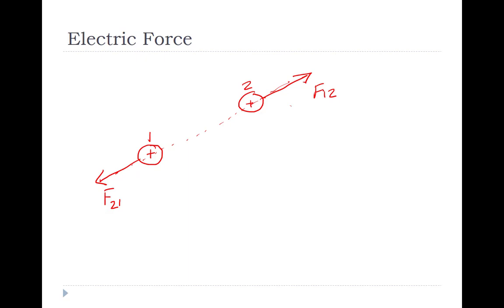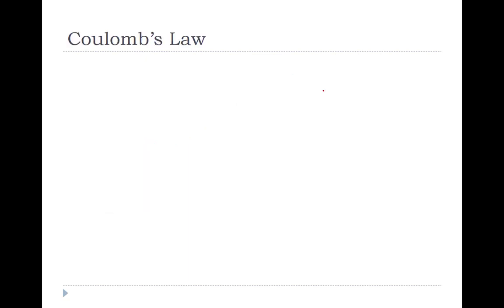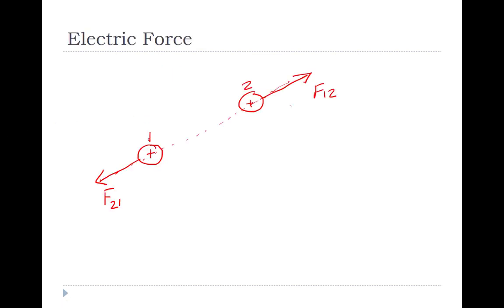The law that governs the force between two charges is Coulomb's law. The magnitude of the force between two charges, F12, is given by a constant, K, multiplied by Q1, multiplied by Q2, and divided by R squared. If we go back a slide, this would be Q1 because I labeled it 1 here, and this would be Q2.